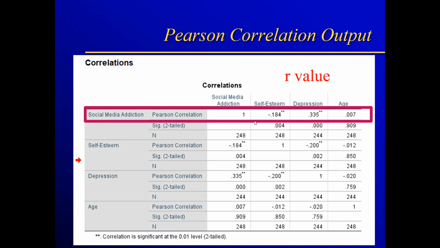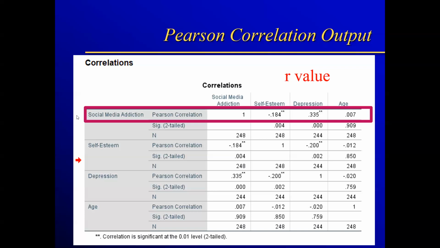This is actually an output for a correlation between four variables, but the logic is still the same for just two. So this first row is the R value. You can see it says Pearson correlation, and that's the R value. We see the correlation between social media addiction and self-esteem is negative 0.184.